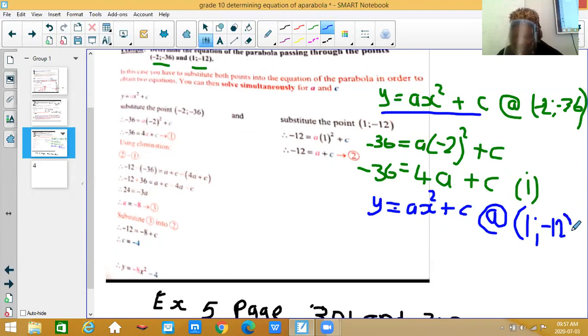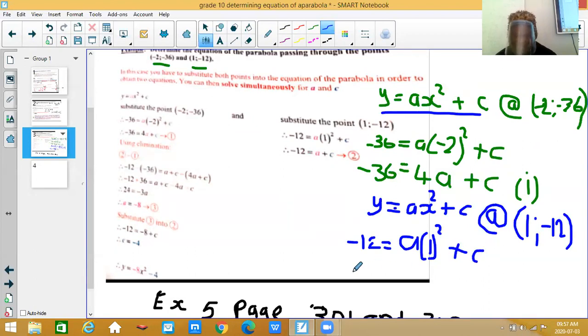We follow the same style we did on the first point, right? What is the value of y? Great. What is the value of x? 1 squared plus c.